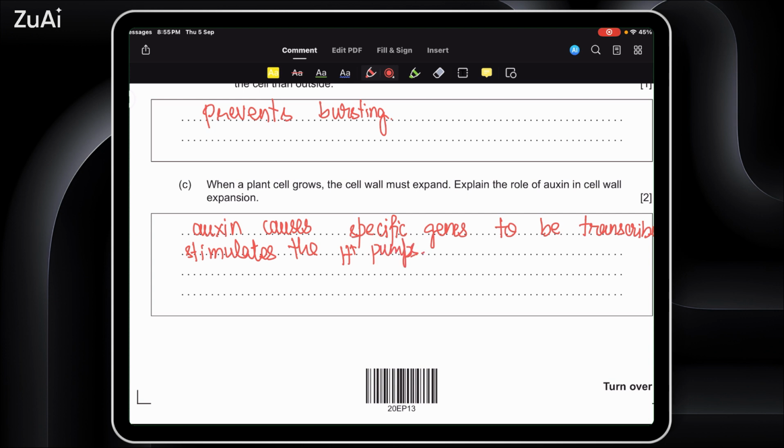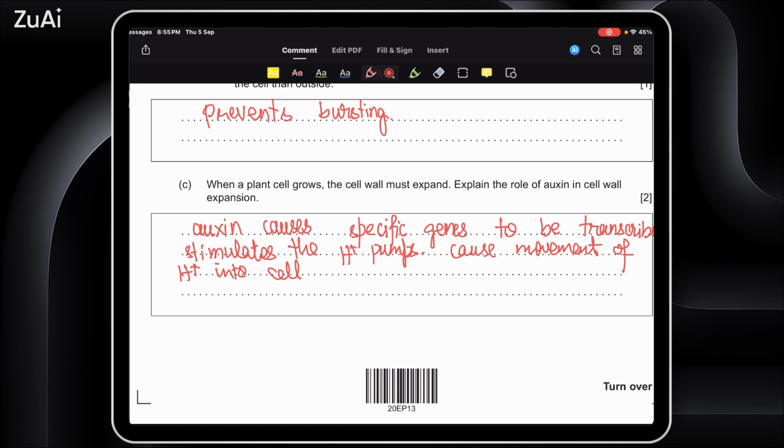Proton pumps cause movement of hydrogen ions into the cell.